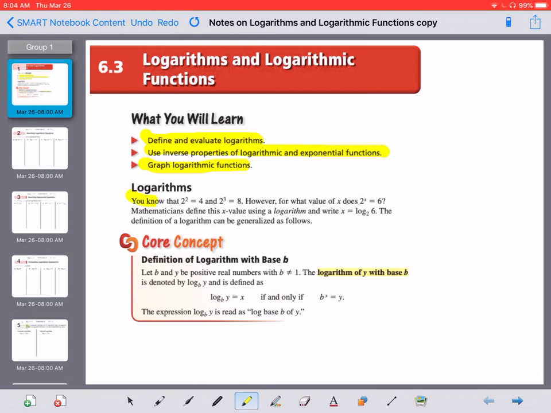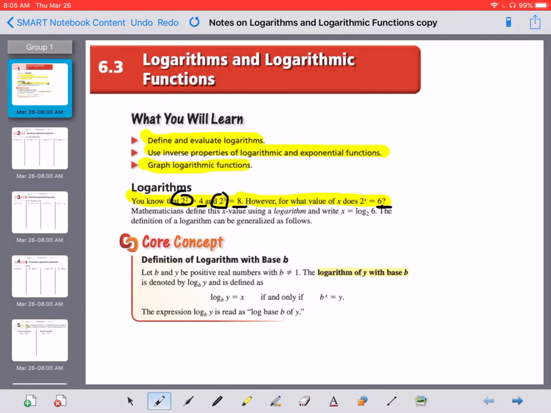You know that 2 to the second equals 4, and 2 to the third is 8. Pretty obvious, right? However, for what value of x does 2 to the x equal 6? We know that it has to be somewhere between 2 and 3, because 2 squared was 4 and 2 to the third was 8. 6 is between 4 and 8, so it's going to be some kind of decimal.